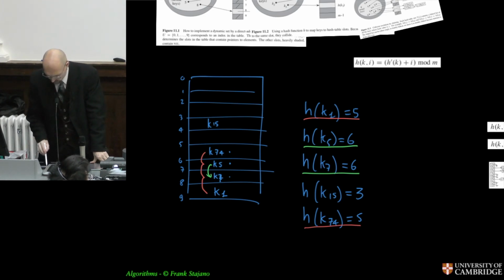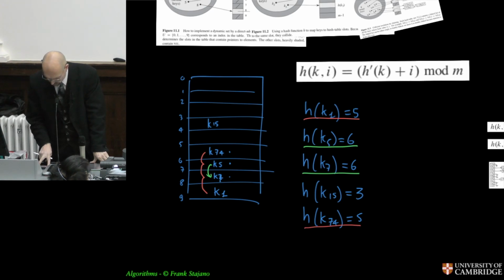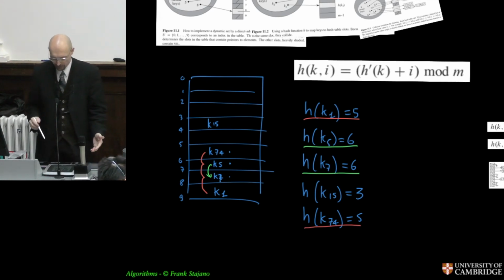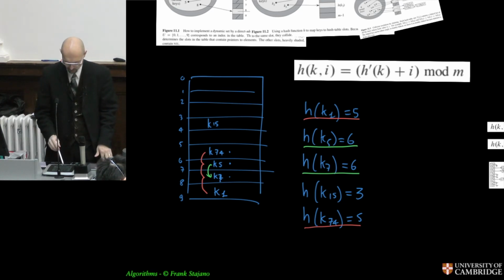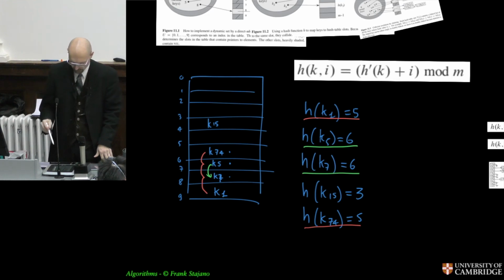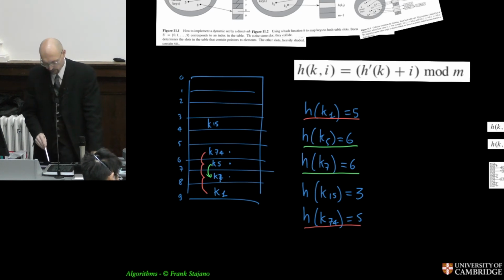So this is the probing function of where I look for things in the table. Expressed as a hash which takes not only the key as a parameter, but also the number of the probe.